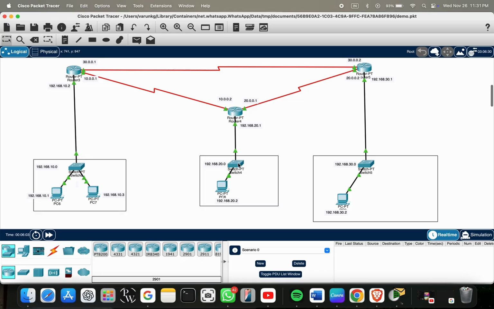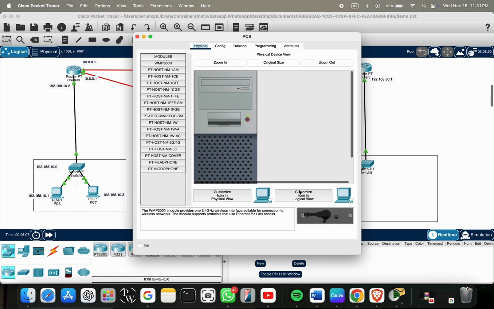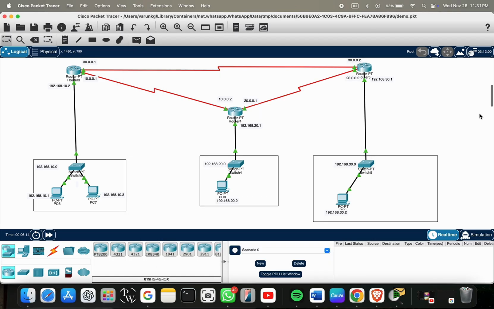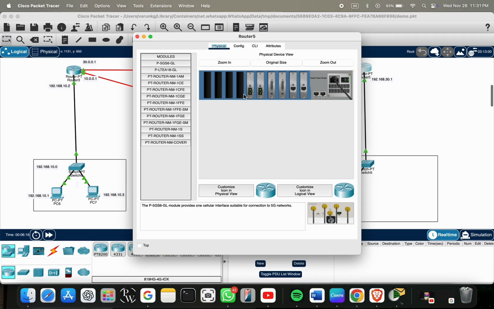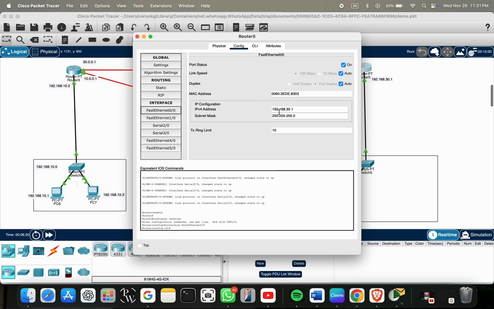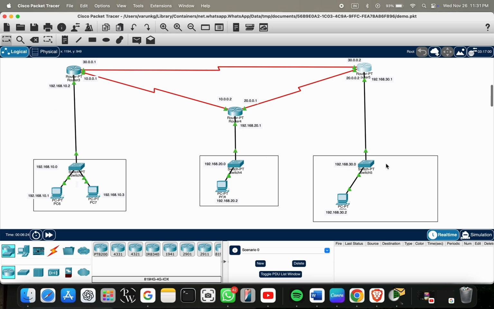This whole is called a network. And the other PC address, you can see here, is 192.168.30.1, which is linked to router 3, and its fast Ethernet configuration is 192.168.30.1, similar to the other routers.